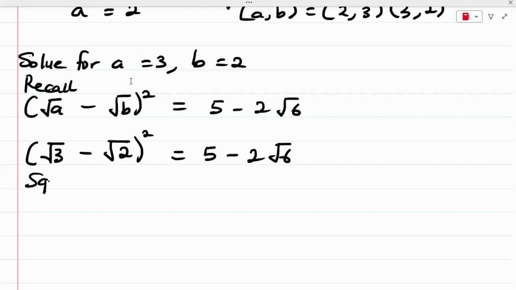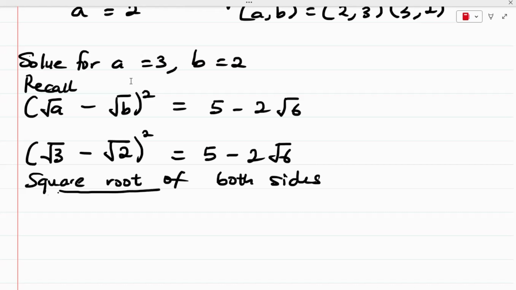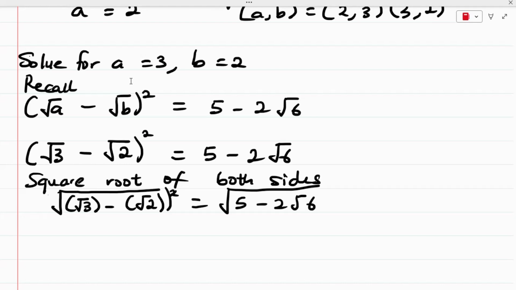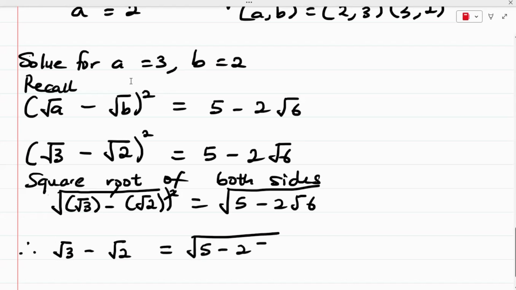So taking the square root of both sides, we have the square root of root 3 minus root 2 all squared is equal to the square root of 5 minus 2 root 6. So this is going to cancel out this. Therefore, we have that root 3 minus root 2 is equal to the square root of 5 minus 2 root 6.